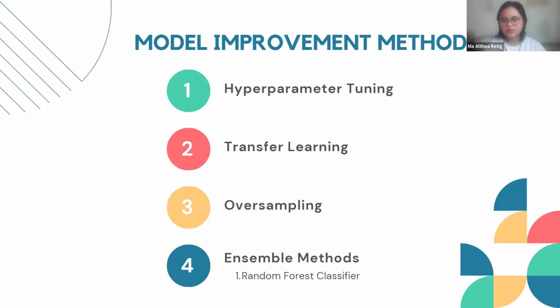For the second one, transfer learning. Now, this is a specific method of improvement that's great when your data set is quite limited. So basically what it does is you take an already previously trained model and you use that model and the parameters that it has onto your specific use case.